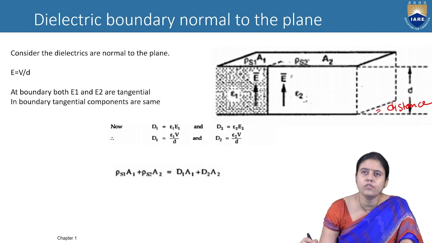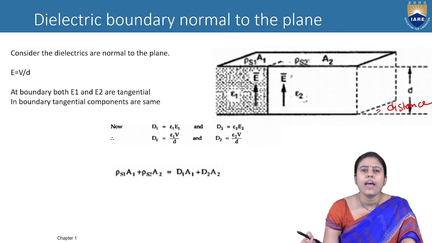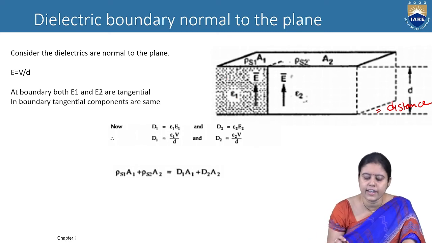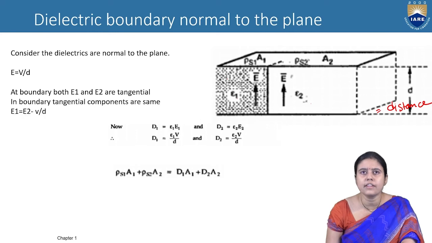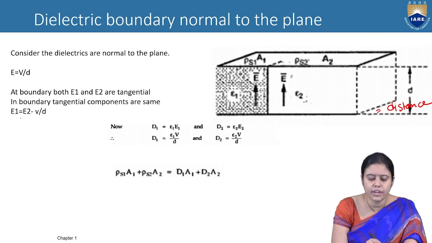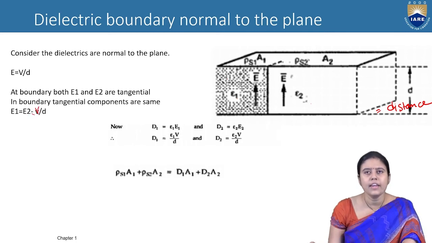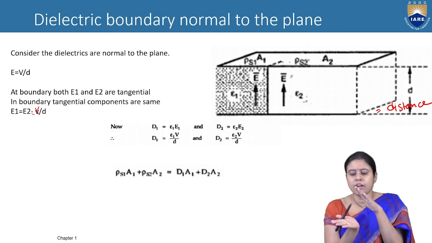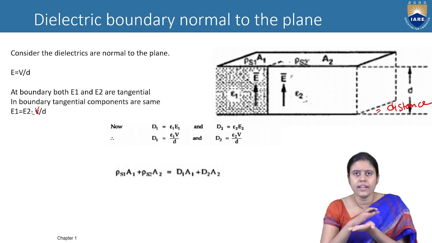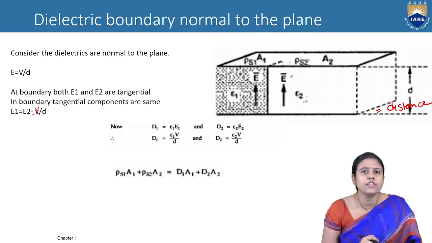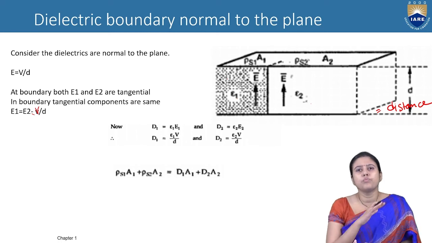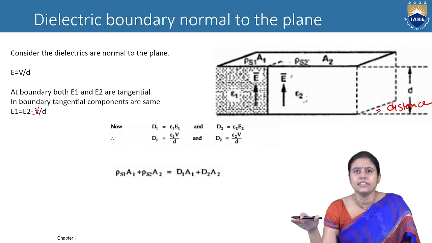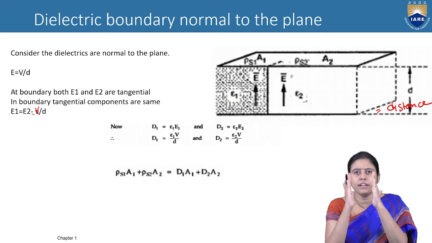So E1 and E2 are both in the tangential form, and the boundary condition tells us the tangential components are always the same, so we can say E1 equals E2 equals V by D. In the previous case, if the parallel plates are in the horizontal form, E1 is not equal to E2, because both work differently. But here both are like this.